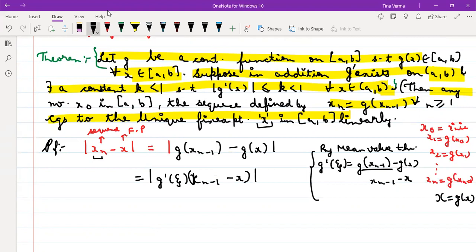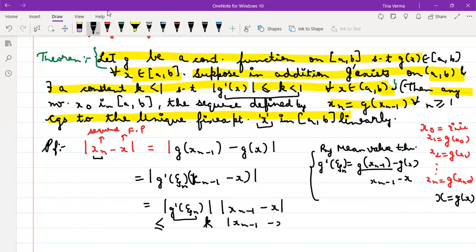Because this is depending on n, I am writing here g dash psi n, modulus of xn minus 1 minus x modulus. And you have been given that modulus g dash x is less than or equal to k. That means this quantity is less than or equal to k times modulus of xn minus 1 minus x.